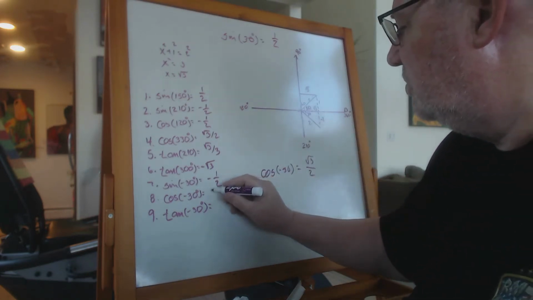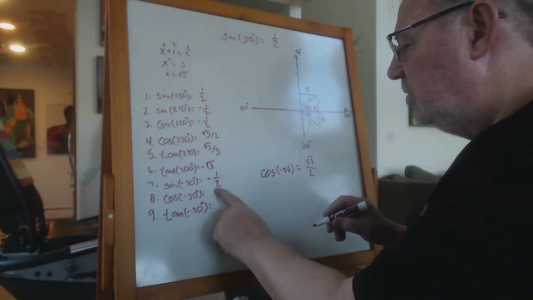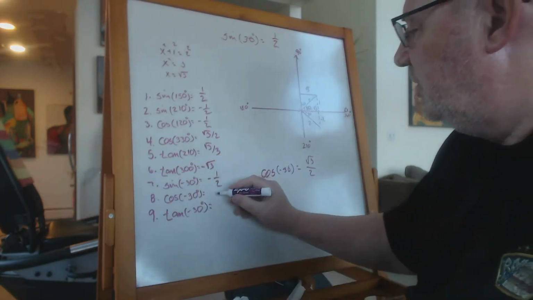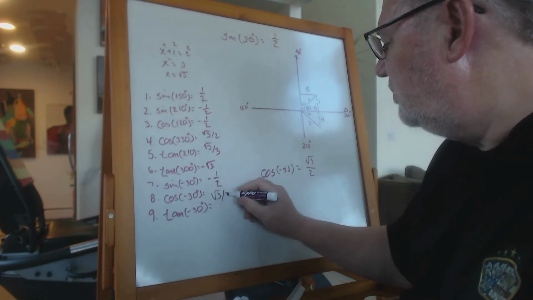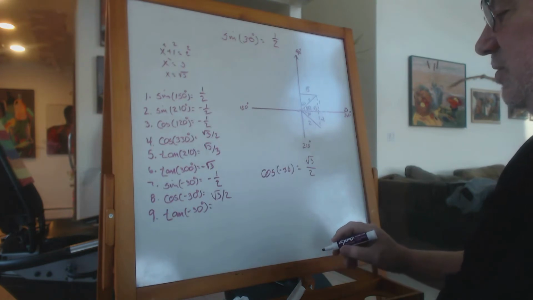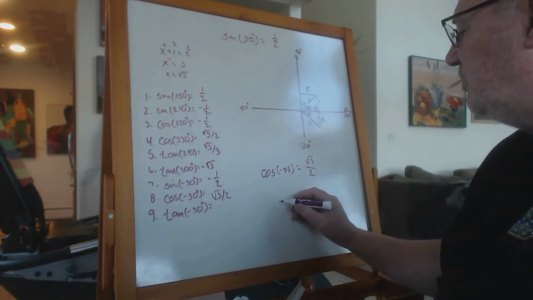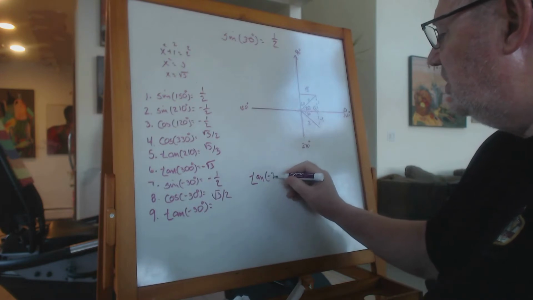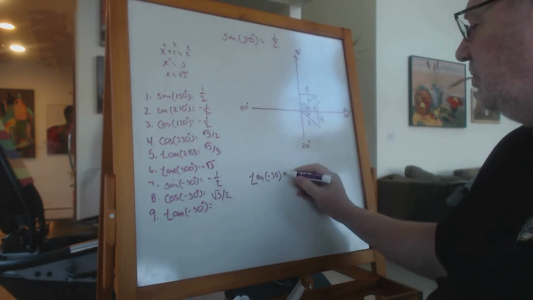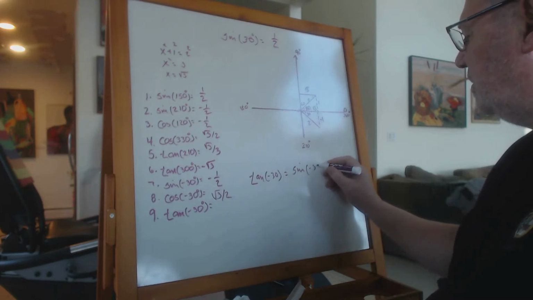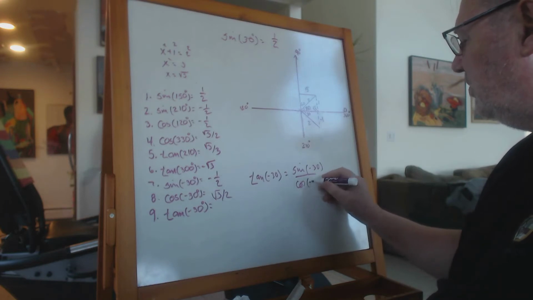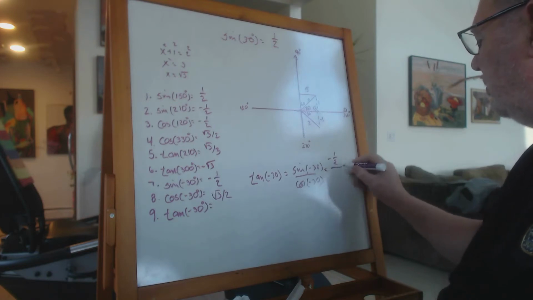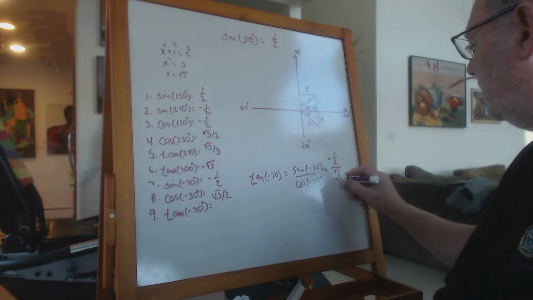So that is square root of 3 on 2. And last, tangent of minus 30, which is simply sine of minus 30 over cosine of minus 30, and that's equal to minus 1/2 over square root of 3 on 2.